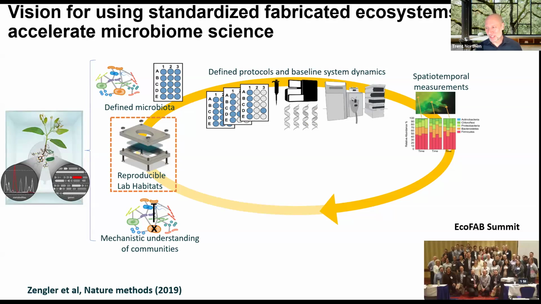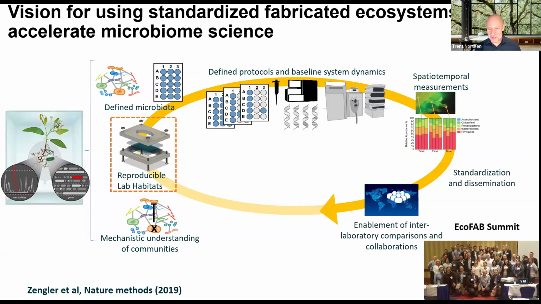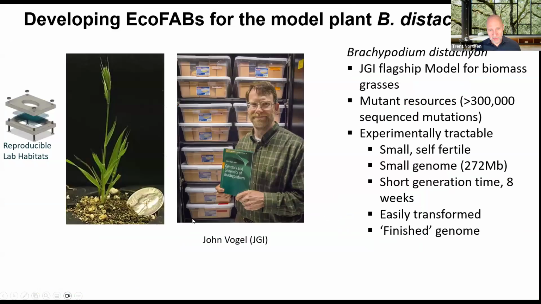Like that's really important information. And then you need to do some inter-comparison studies across laboratories to see if all of this stuff is reproducible. Once you have this, then you can start really taking great advantage of machine learning because all your data is standardized, reproducible across labs. And then you can finally get to these really mechanistic type studies.